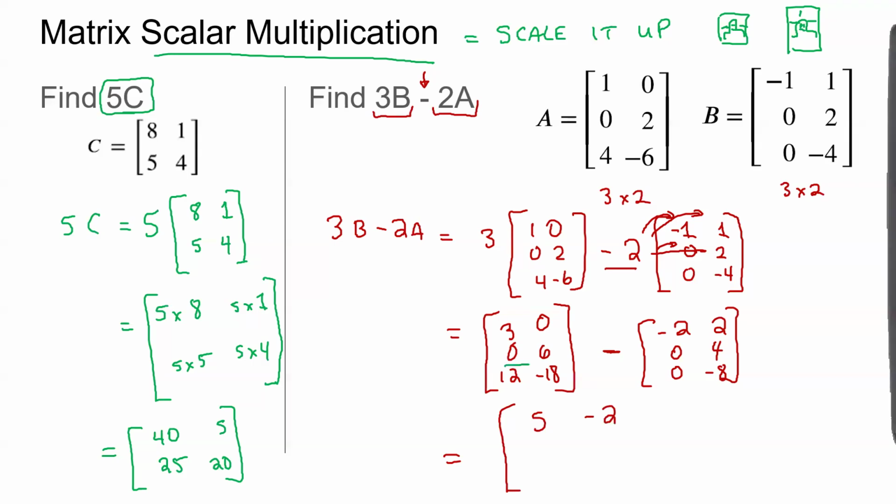When I do 0 minus 0, that's going to give me a 0. And meanwhile, 6 minus 4 would be a 2. 12 minus 0 would be 12. -18 minus a -8, that's really +8. So that would go to -10 right there.